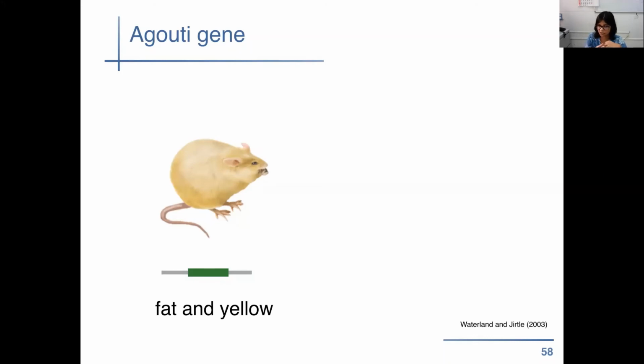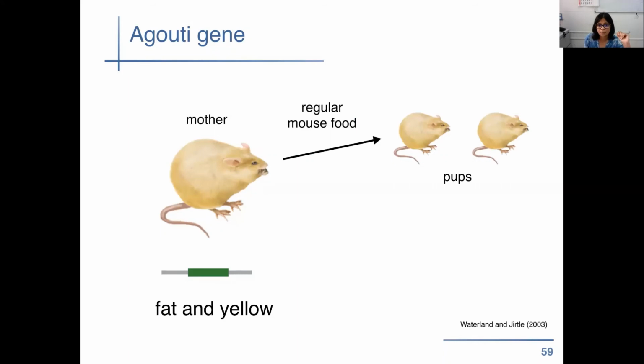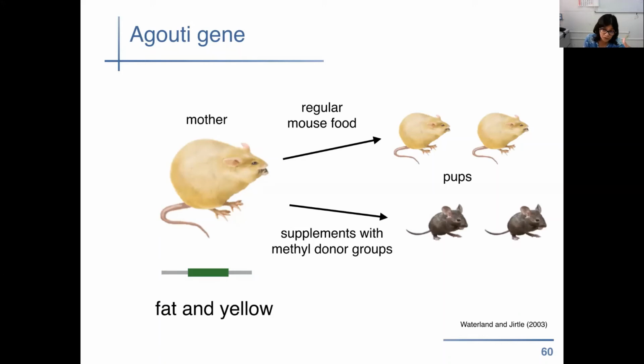Yellow is nice because you can tell that the gene is present. And these mother mice, if you give them regular mouse food, give birth to pups which also look similar to the mother. On the other hand, when you gave the mothers methyl donor groups, which are critical for dictating these epigenetic marks, the pups were healthy. They were also not yellow.